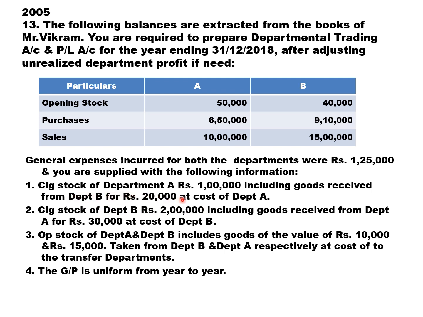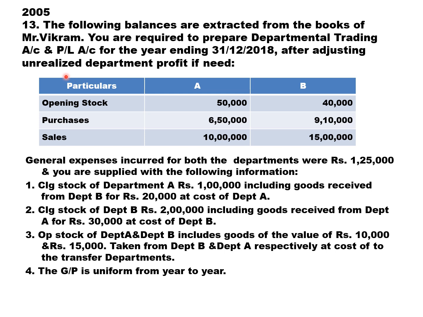Closing stock of Department A is 1 lakh rupees including goods received from Department B for rupees 20,000 at cost of Department A. So that means 20,000 of the closing stock of Department A was received from Department B. Though they have given the words 'at cost', we need to calculate unrealized profit because in the introduction they ask you to adjust unrealized profit if any.